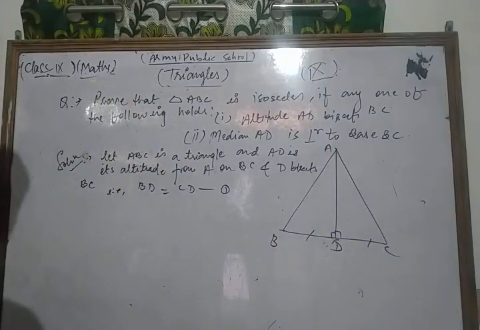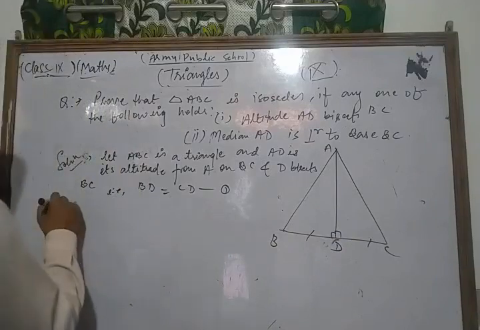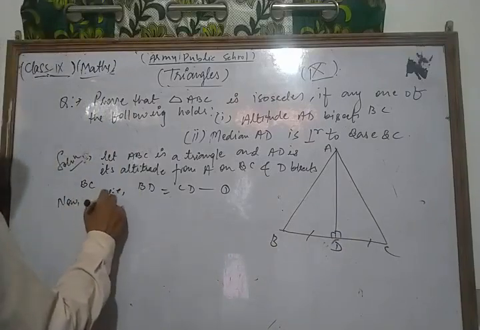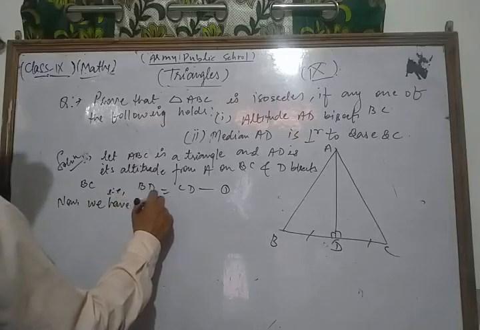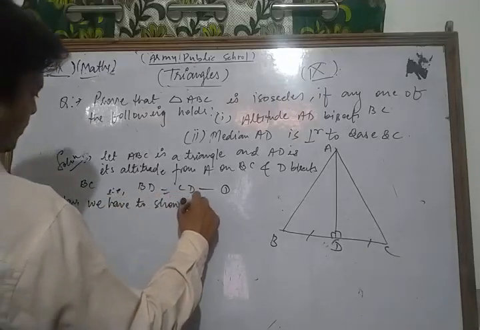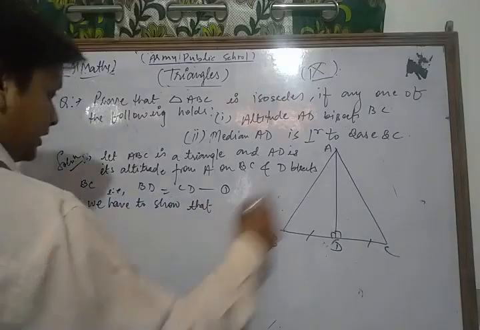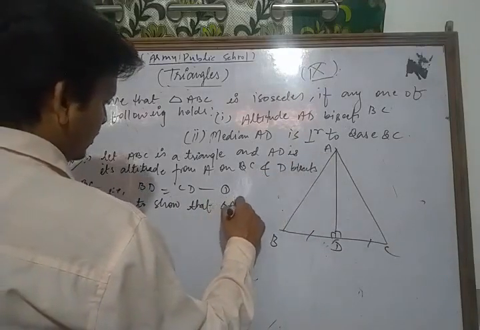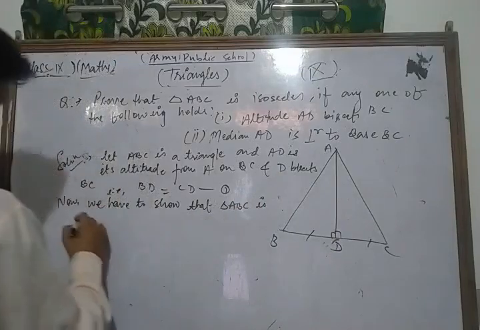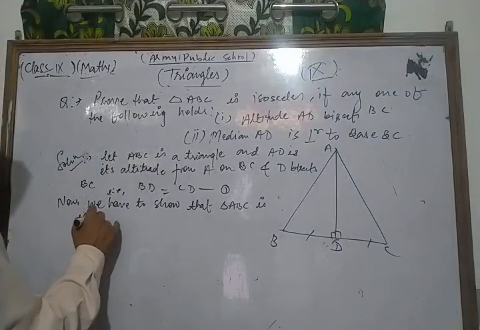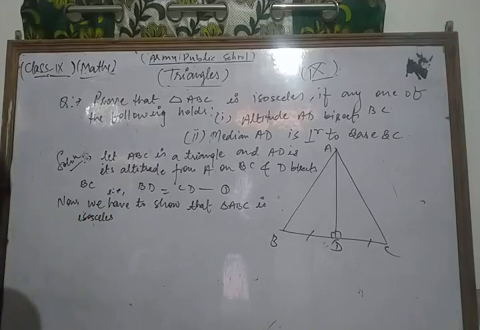Okay, now we have to prove that. We have to show that triangle ABC is isosceles.